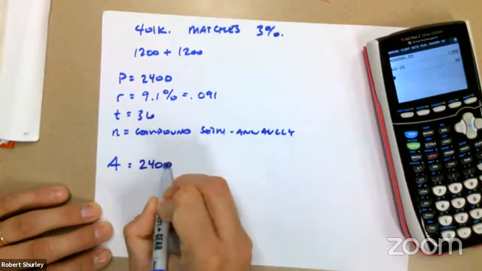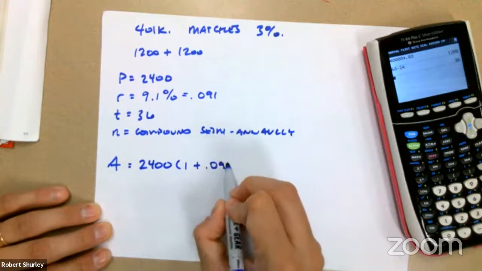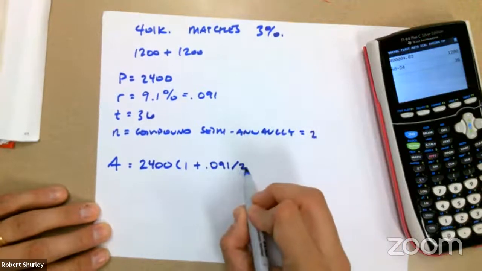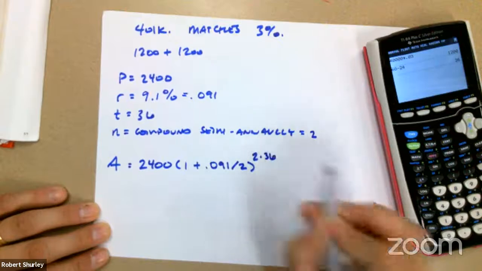So $2,400 times (1 plus 0.091 divided by, semi-annual would be 2), raised to the 2 times 36.